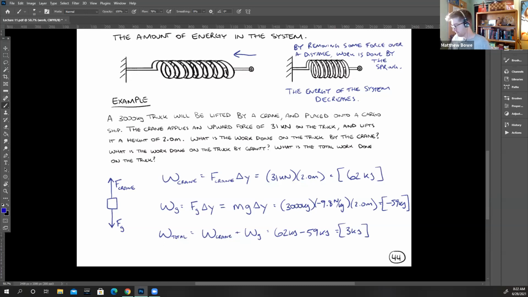Okay, so we have this way of measuring how much energy is being applied to this truck as it's being slowly lifted. We have the work it takes just to lift it in general. That's the amount of energy the crane is giving, trying to lift it.